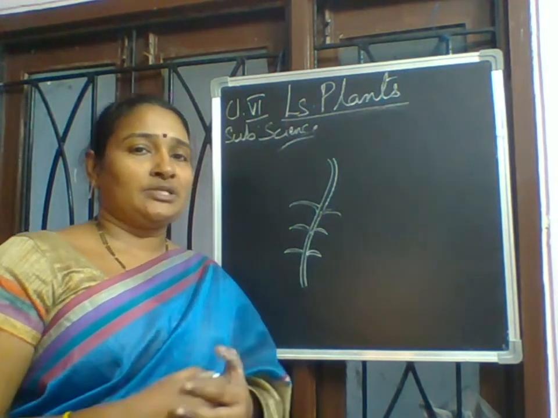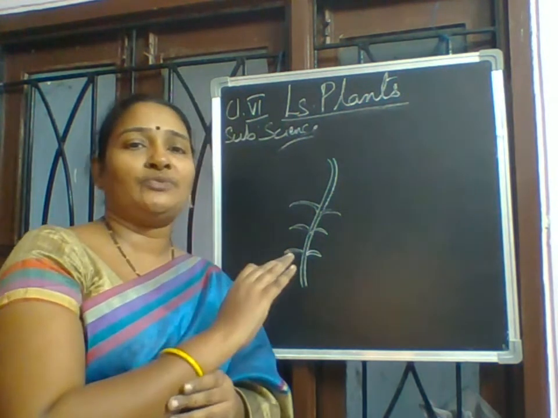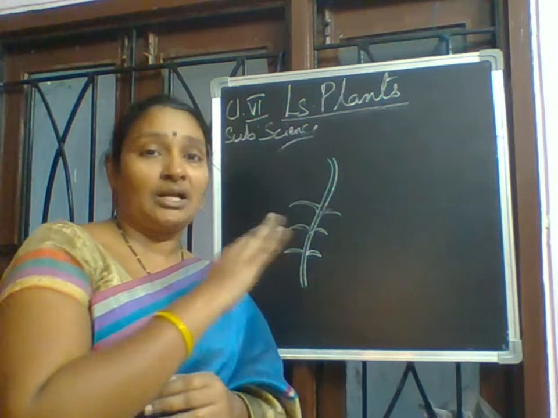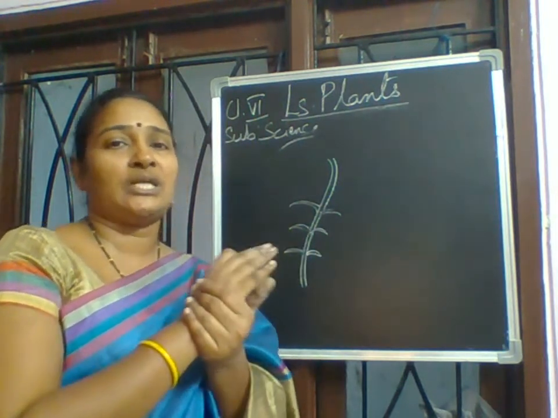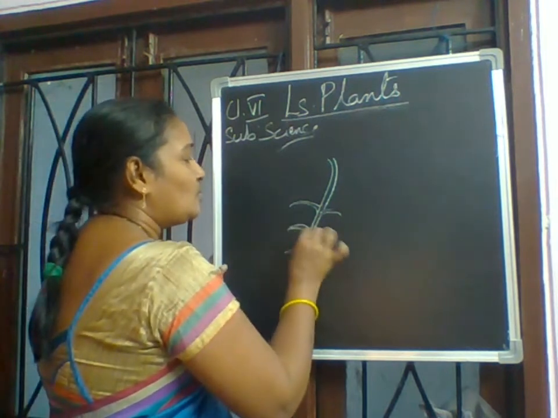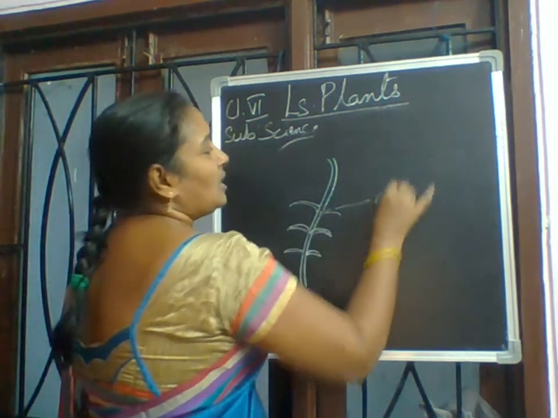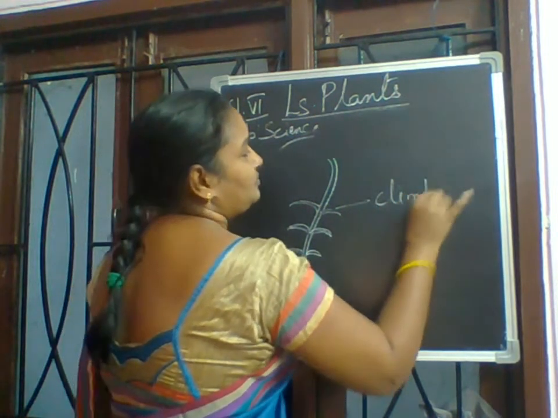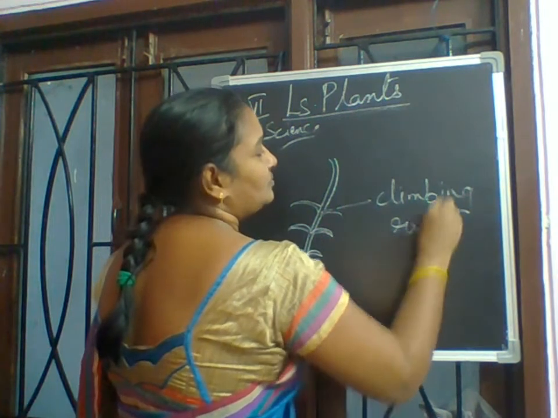Wherever it is growing, suppose it is taking the help of another tree trunk, it holds the trunk with the help of these root-like structures. These roots are called climbing roots.